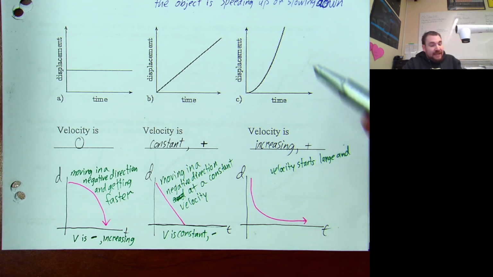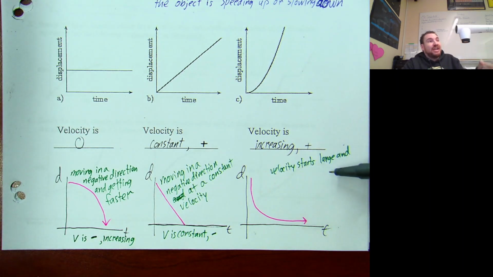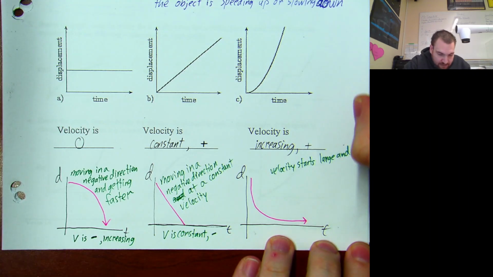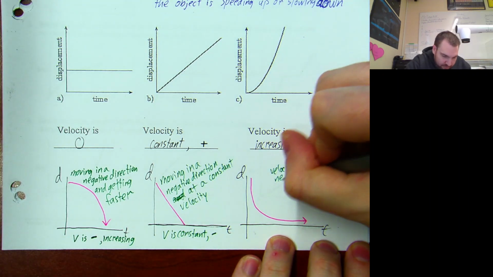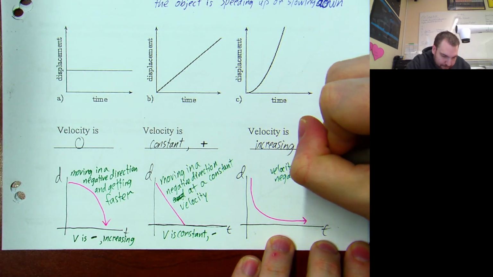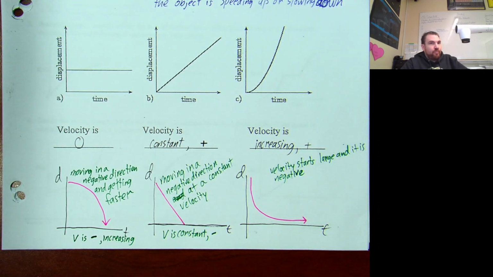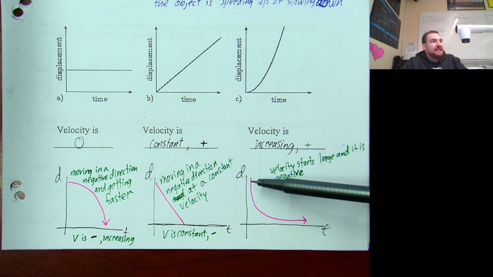Okay, so at the very beginning, the velocity starts large and it's negative. That just means you have a lot of velocity heading in a negative direction.